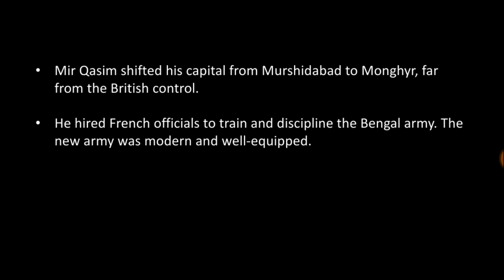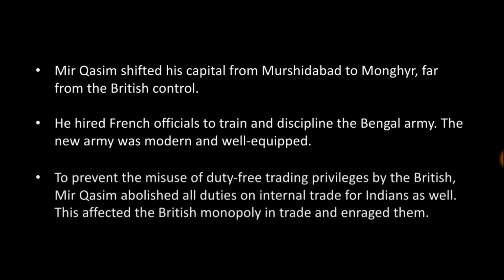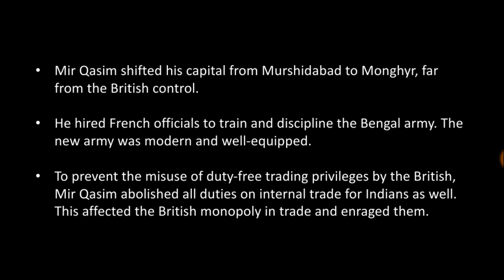Secondly, he hired French officials to train and discipline the Bengal army. The new army was modern and well equipped. That's the second reformation. And thirdly, to prevent the misuse of duty-free trading privileges by the British, Mir Qasim abolished all duties on internal trade for Indians as well.